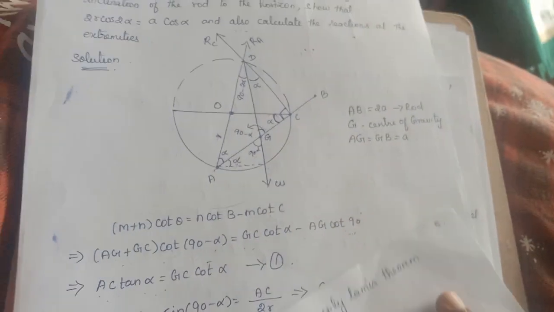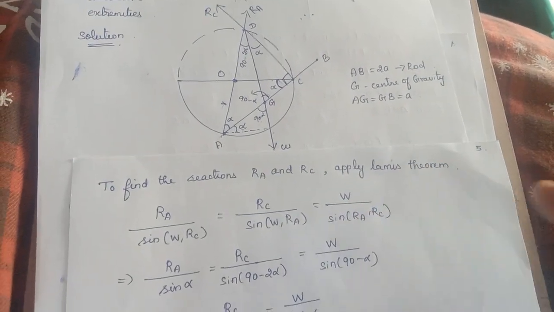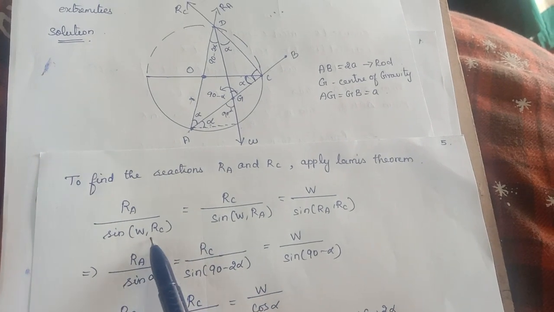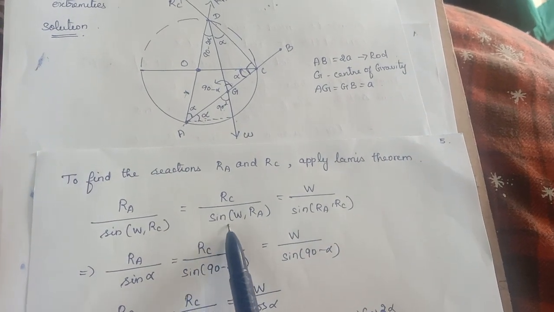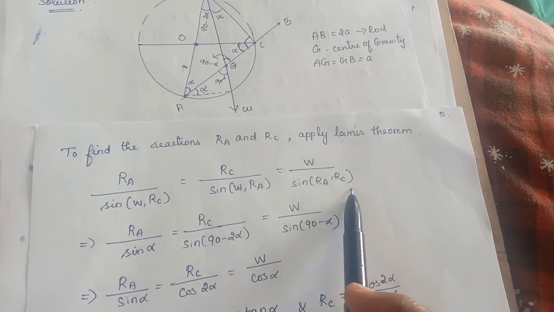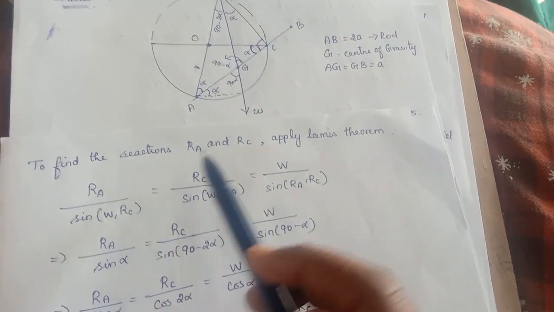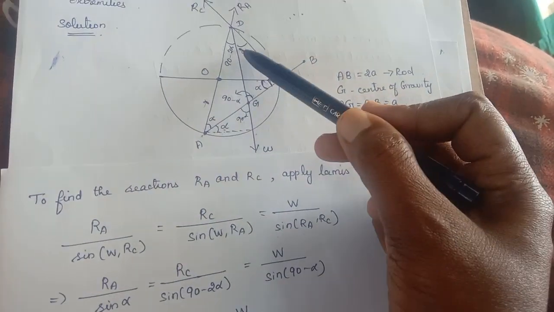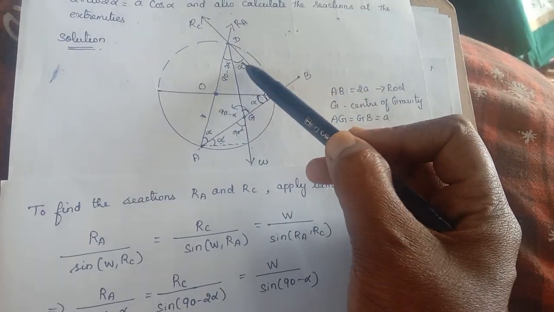So how will I get it? RA by the sine of the angle between W and RC is equal to RC by the sine of the angle between W and RA, equal to W by the sine of the angle between RA and RC. So RA by, what is the angle between W and RC? This is W and this is RC, no? So the angle is alpha.